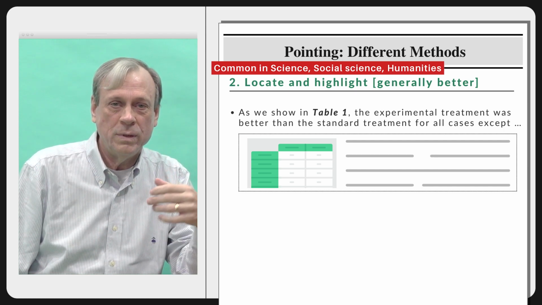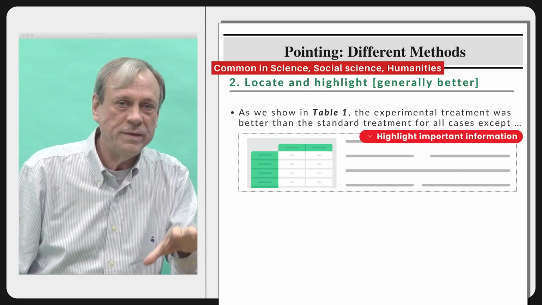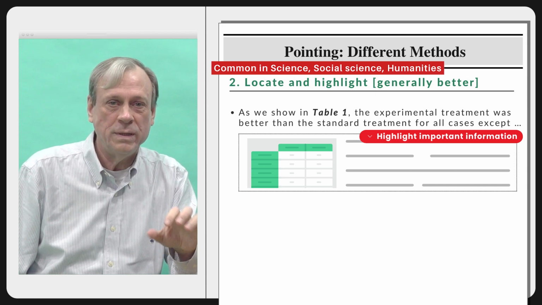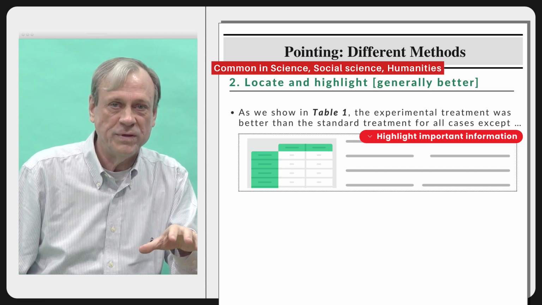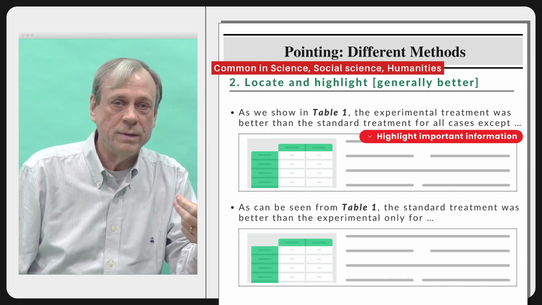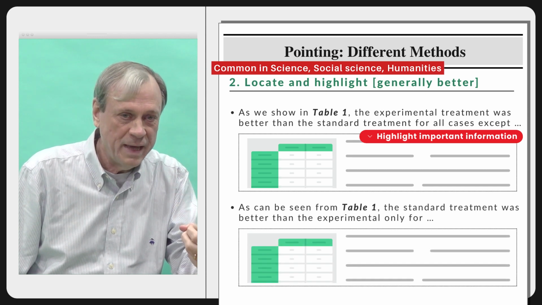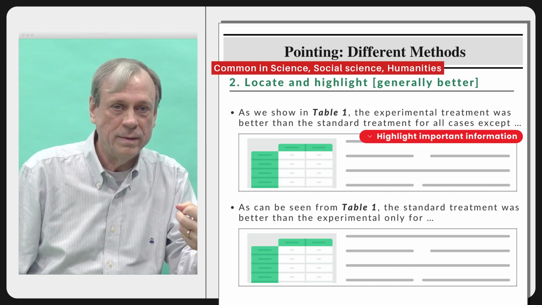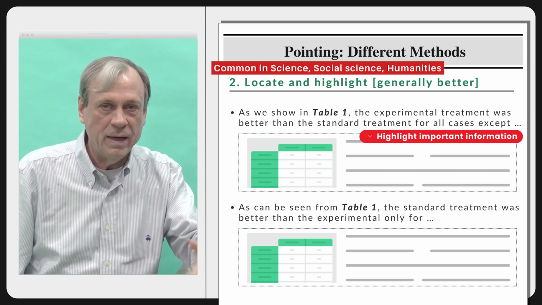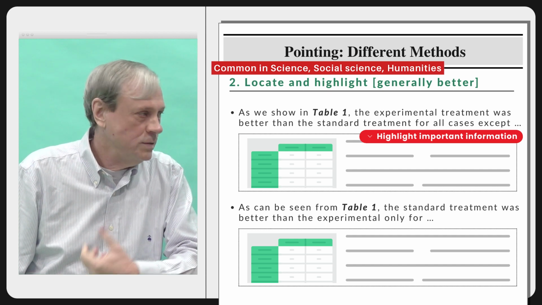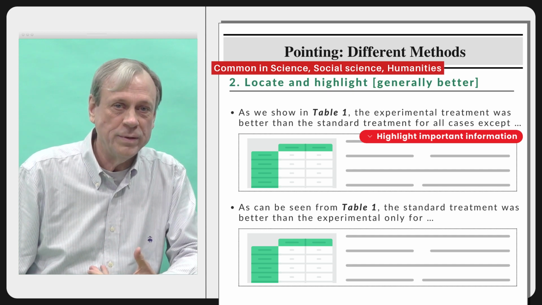Okay, so that you point to the reader what they should look at, what they should note in that table or figure. Similarly, you can ask the reader to see. So you can say, as can be seen from table 1. So you're asking them to do the work. So the format that's preferred varies from field to field.